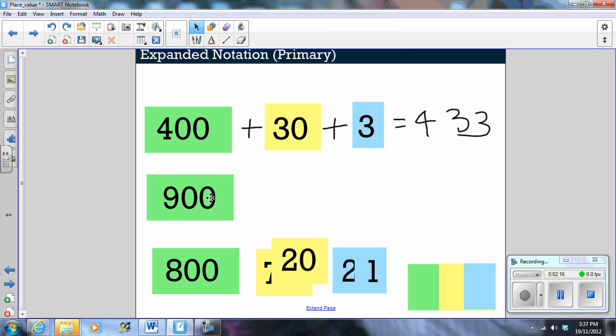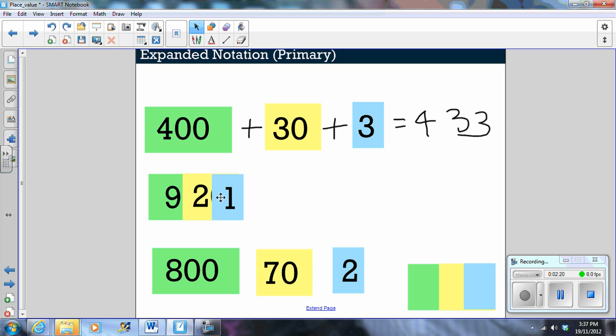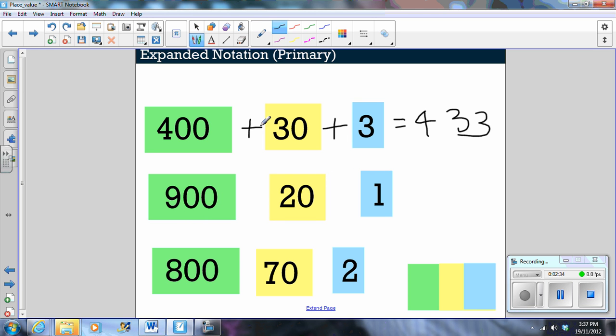Let's select another two numbers. One from the hundreds, one from the tens, and one from the units. The number is 921. Let's expand it or make it larger. So now we have 900 plus 20 plus 1 equals 921.